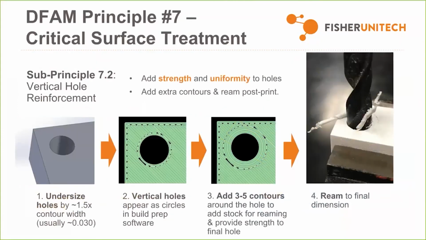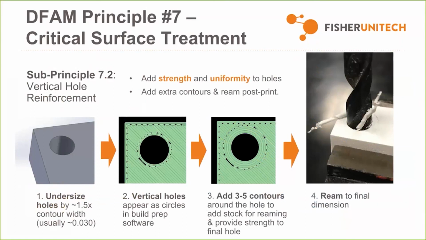Another thing with holes, so if you're printing with FDM technology, usually by default, the printers will print either 1 or 2 perimeters around the hole, and then it will kind of raster fill the surrounding areas. So if you plan on reaming the hole or tapping the hole afterwards, it's great to add some extra contours to those holes so there's actually more solid material there.